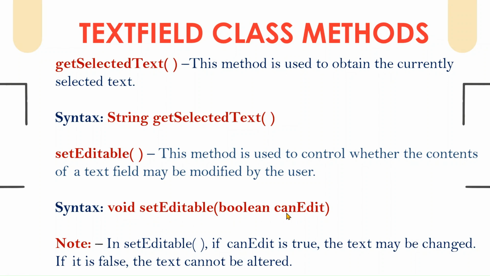The text in the text field will not be modified. So here you can see the boolean value you need to pass, true or false. In the setEditable method, if this variable is true, the text may be changed. If it is false, the text cannot be altered, meaning it cannot be modified. So here you can restrict also.